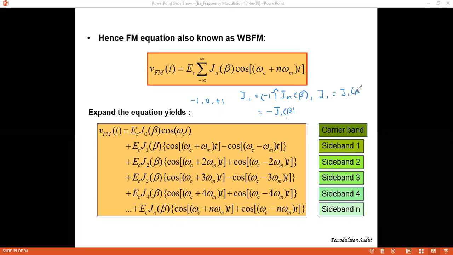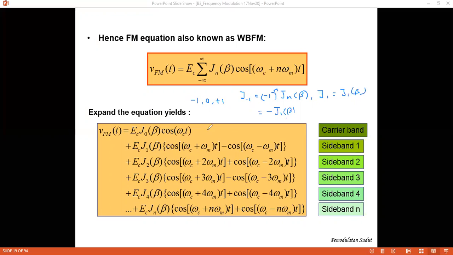If we take integers from -1 up to +1, for n equal to 0, it's J0 beta cos omega c t, so this is the carrier, no sidebands.